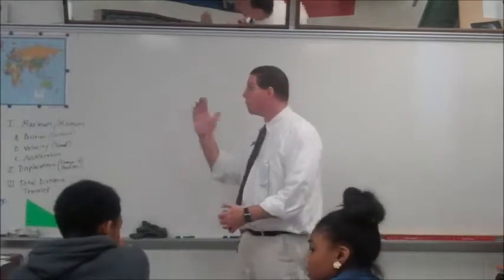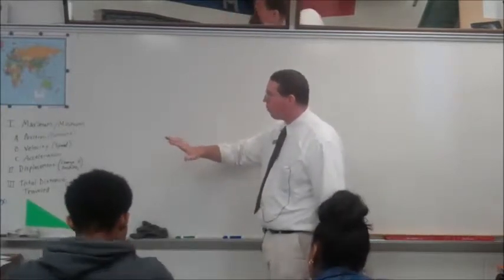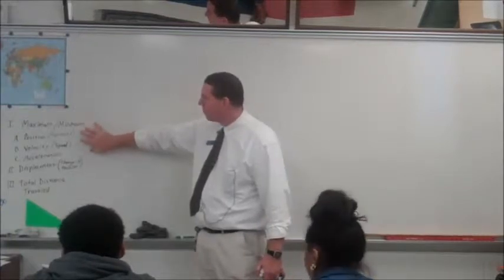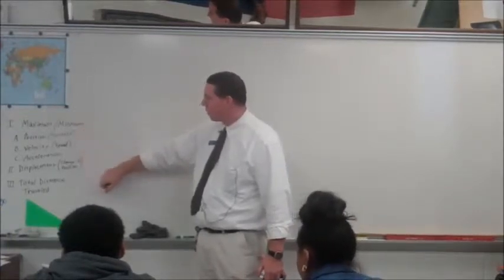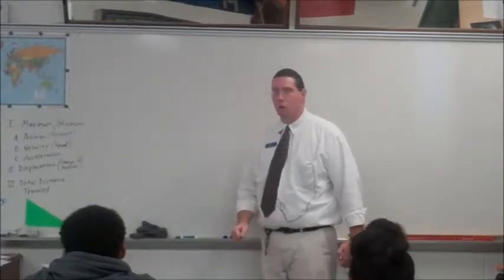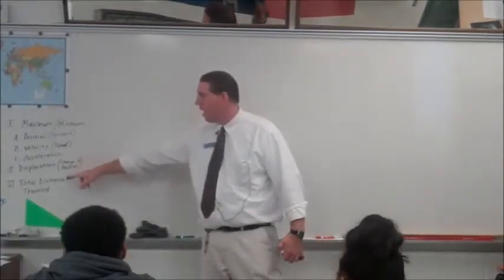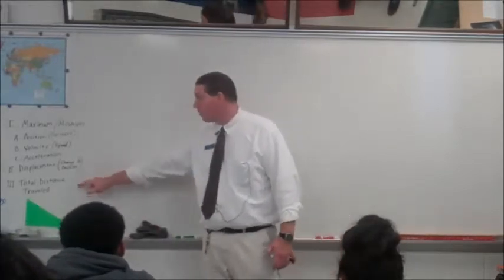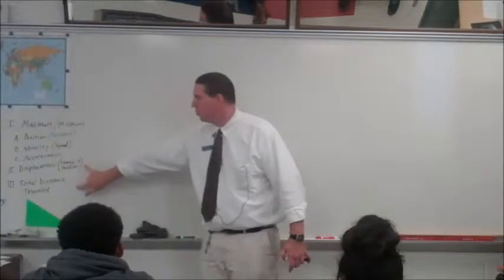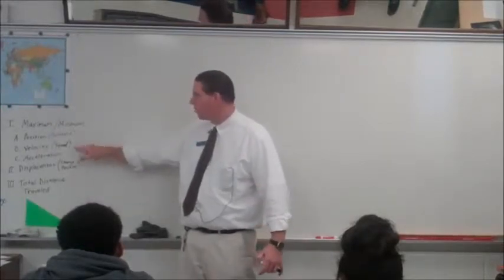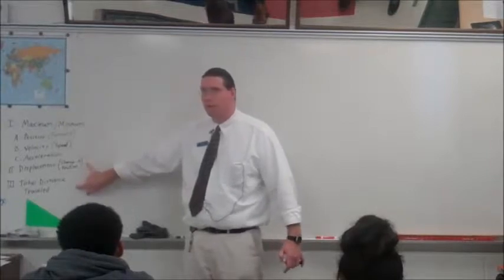Okay? So today, what I want to wrap up with is maximums and minimums of position, velocity, and acceleration. And then lastly, I want to talk about displacement, which is also called change in position, and total distance traveled. There's a difference between these two, and they both relate to, does anybody know, if these two things related to only one of these three functions, which one would they relate to?